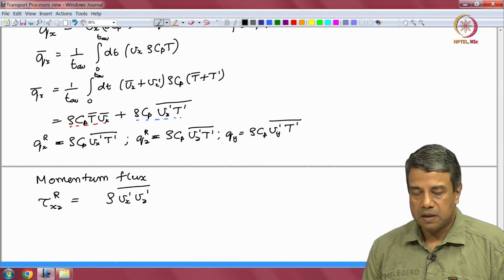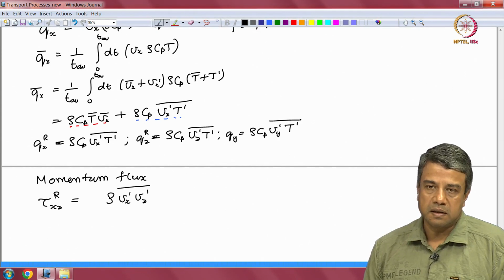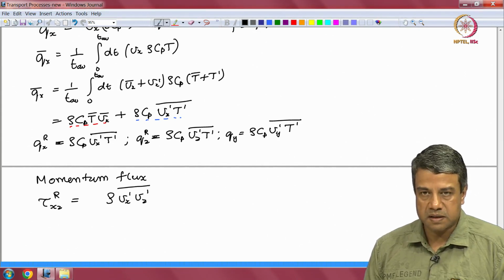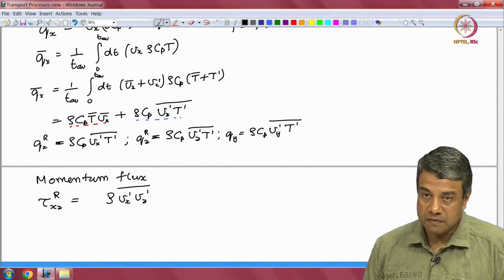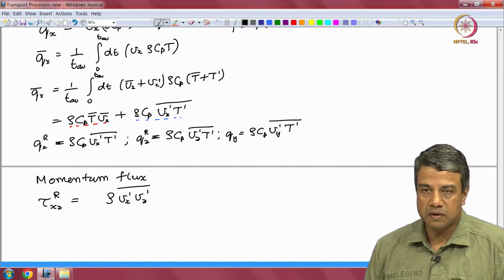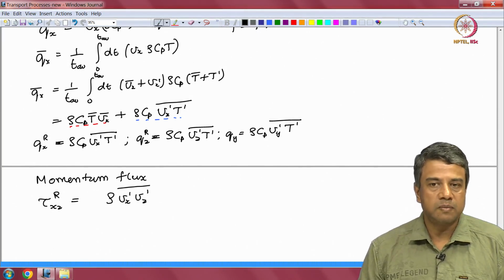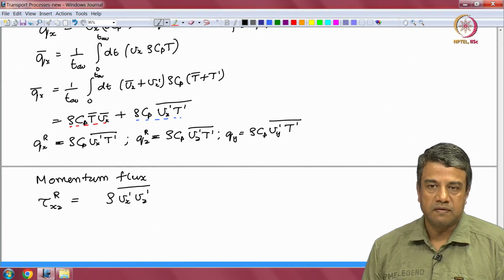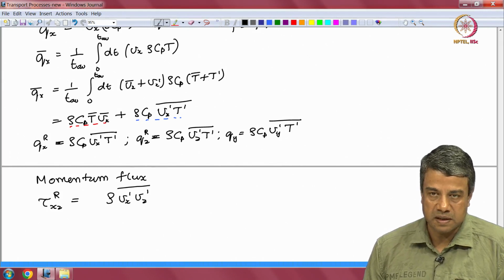And I should recall that I had explained earlier that the shear stress is actually the negative of the momentum flux, because the shear stress is considered positive at a surface with outward unit normal in the z direction if it increases the momentum of the volume below, if the force is exerted at a surface whose outward unit normal is in the z direction.